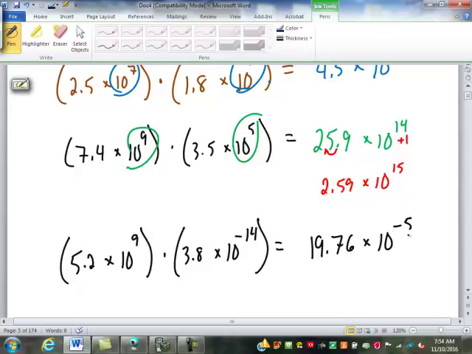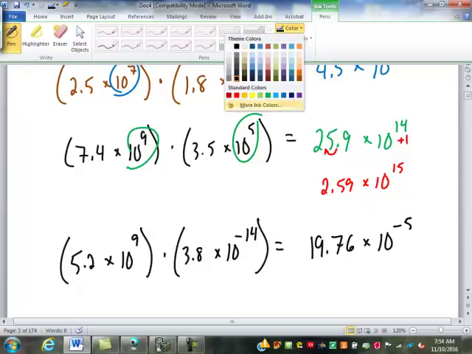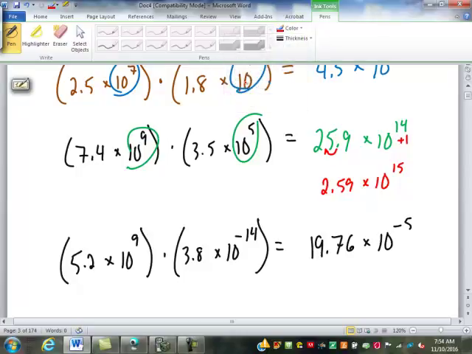Very good. 9 plus negative 14 is negative 5. Now, of course, that's going to have to be adjusted. Got to move that over 1 to make 1.976 times 10 to the, number got smaller, power gets bigger. Negative 5 plus 1 is negative 4.